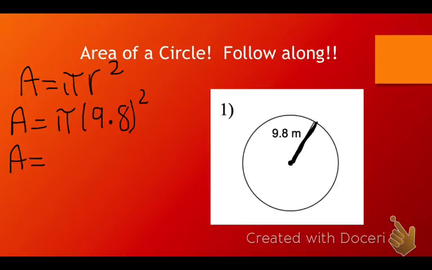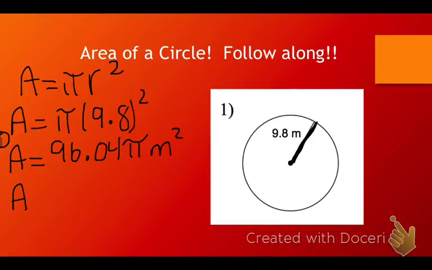So I'm going to write 96.04 pi, because I have to add that pi on at the end. This is one way you have to write it. This is one answer: 96.04 pi, and then it's meters squared. If we're doing area and it's two-dimensional, it's squared, meters squared.